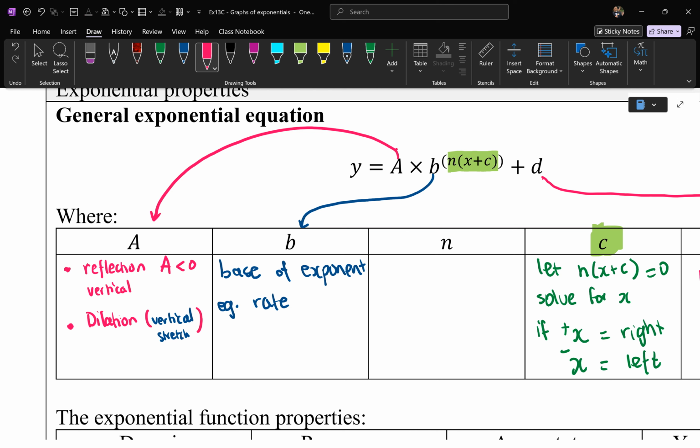The larger than 0, the larger that it goes. So if you made A 10 to 1,000, it should be a much larger vertical stretch, meaning it looks really thin. So I'm going to write here thin just to help you remember it. Larger the number, the thinner it becomes.